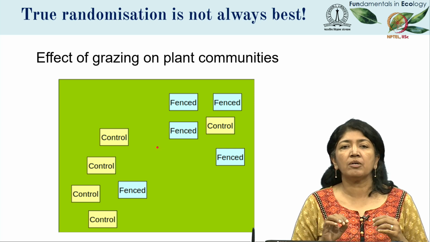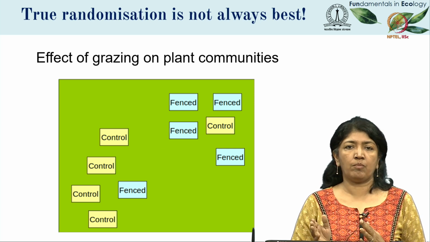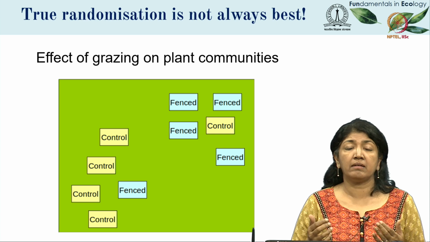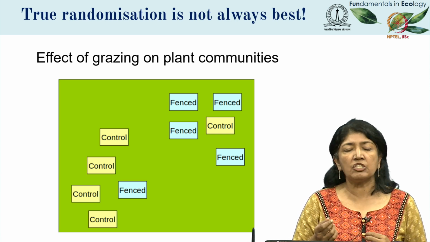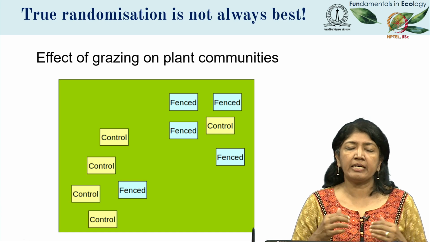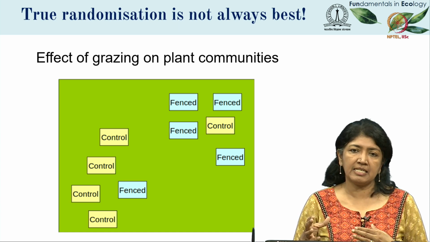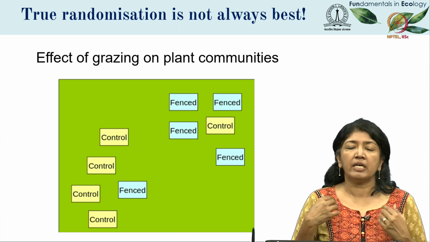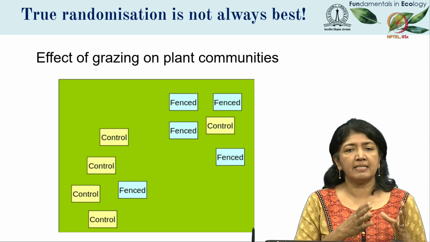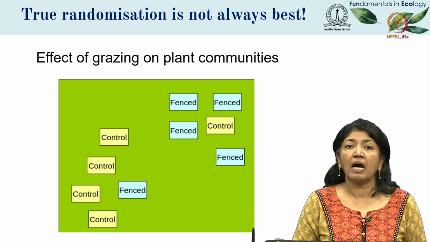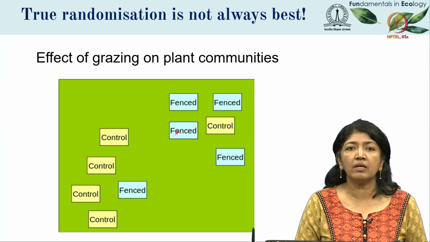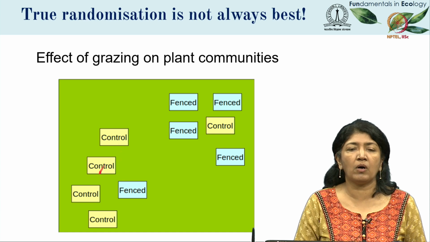Now, if I measure plant communities in fenced and control plots, and if I find a difference between them, one inference could be that excluding antelope has resulted in this difference in plant communities. So, grazing by antelope has a certain effect on plant communities. However, take a moment and look at the arrangement of fenced and control plots in this grassland.